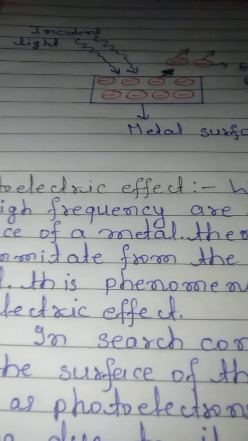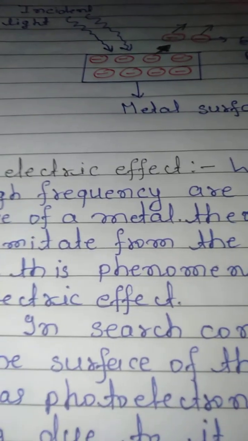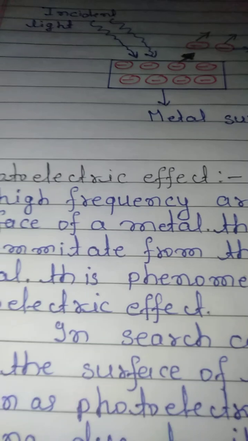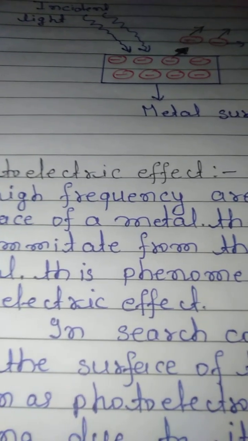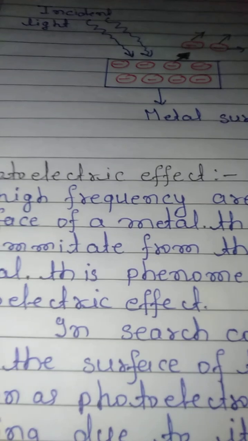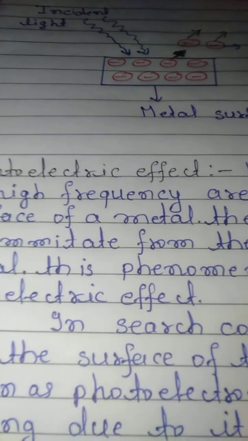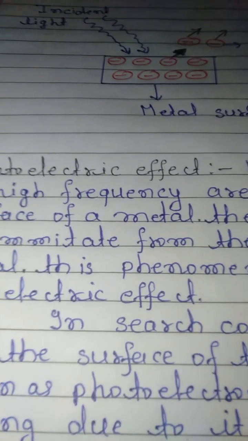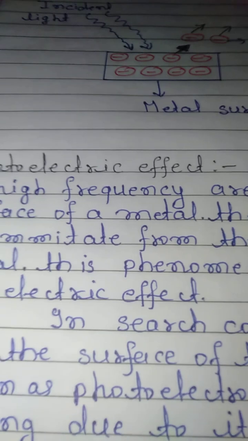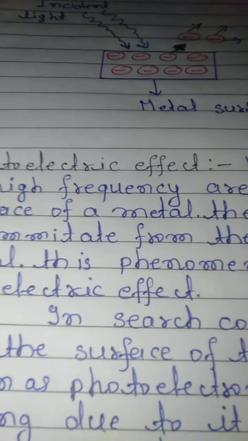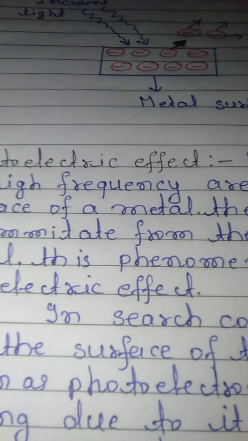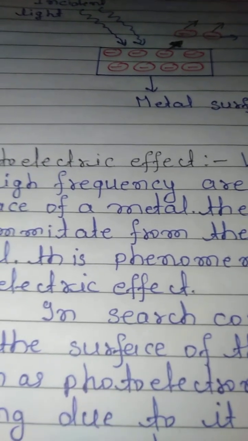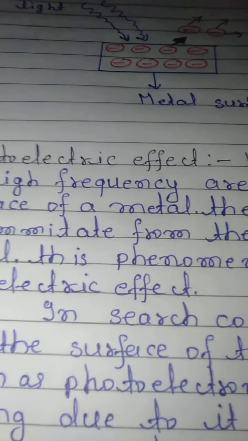This phenomenon is known as the photoelectric effect. Photoelectrons are the electrons emitted from the surface of the metal, and the current flowing due to it is called the photoelectric current.